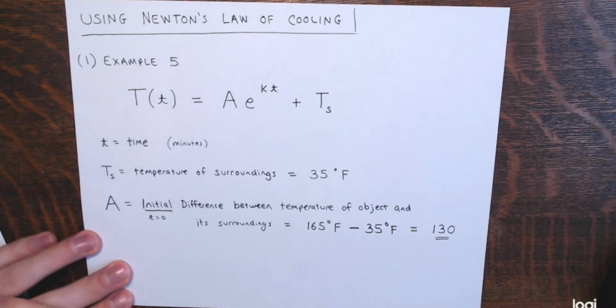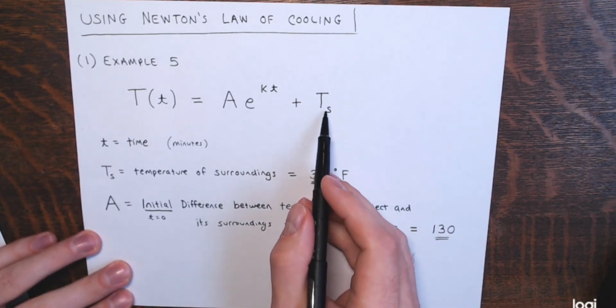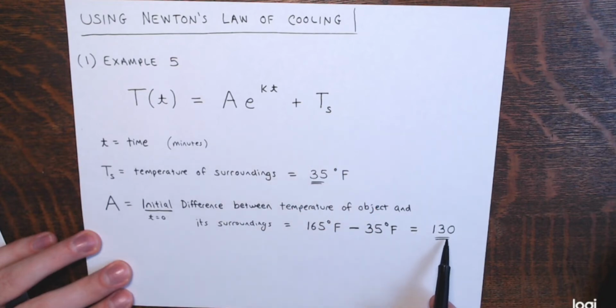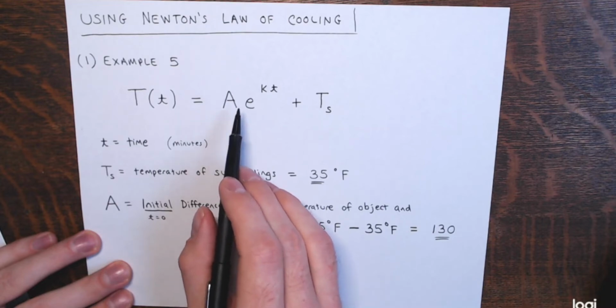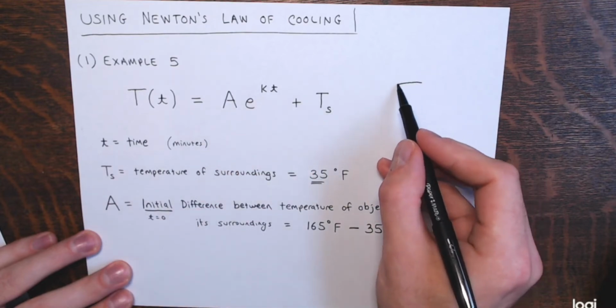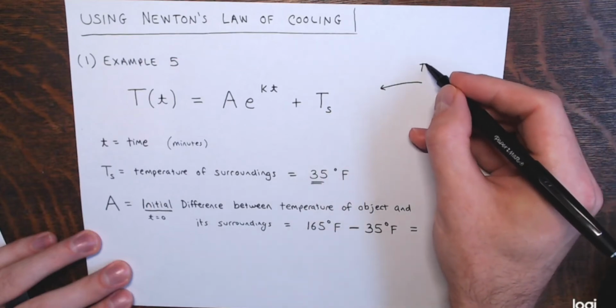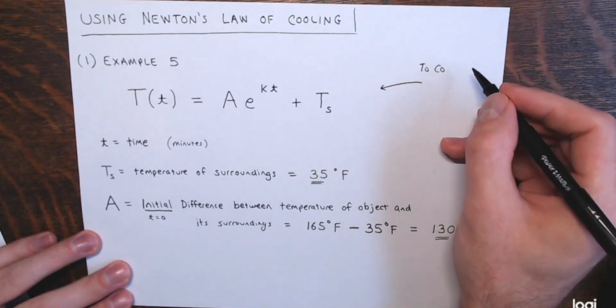So I've got 35 for the value of TS. I've got 130 for the value of A. All right, now all I need is to find K, to complete this model and be able to answer any question they have.